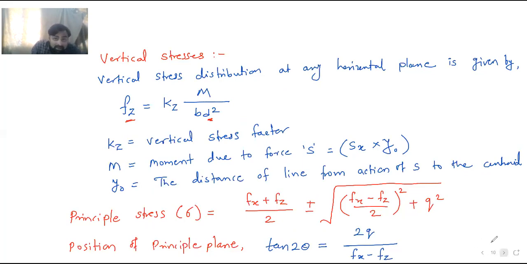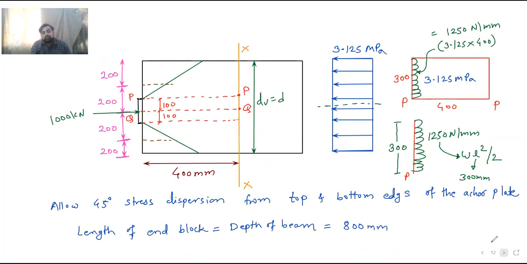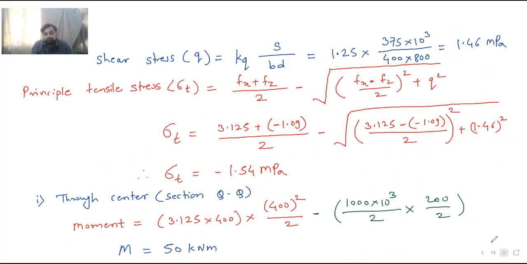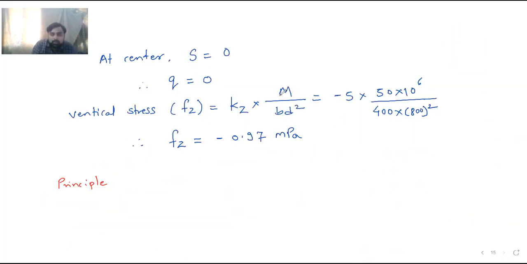In the formula itself it is d, so there is no question of changing the depth. M upon BD square, again I am repeating, here it is not dV. dV is only for the horizontal stresses, it is not for the vertical stresses. So for the horizontal stresses you should consider that, don't consider it for the vertical stresses.